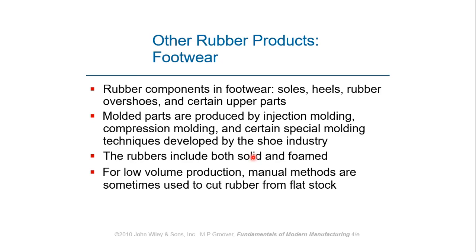And the rubbers include both solid and foamed material. So sometimes foamed rubbers are used for human comfort inside the shoes. For low volume production, sometimes rubber sheets or rubber flat stocks are cut into different shapes to manufacture the product.